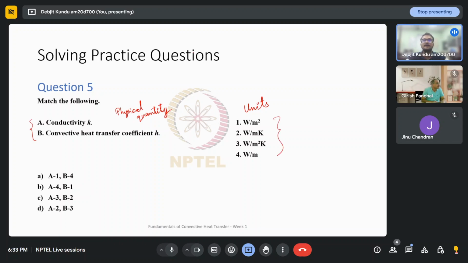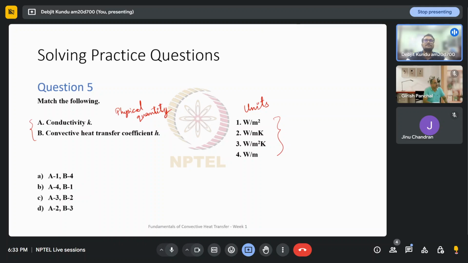Each of these two will match with any of these 4 options. You can see that there are 4 options given below as well. Option A, A1, B4; option B, A4, B1; option C, A3, B2; and option D, A2, B3.